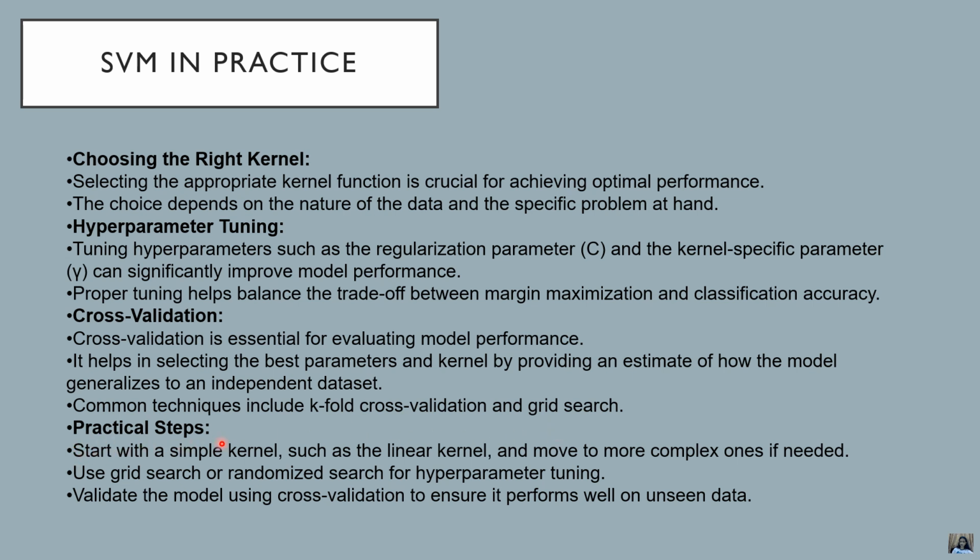Next, the practical steps. Start with a simple kernel, such as a linear kernel, and move to more complex ones. Use grid search or randomized search for hyperparameter tuning. Validate the model using cross-validation to ensure it performs well on unseen data.